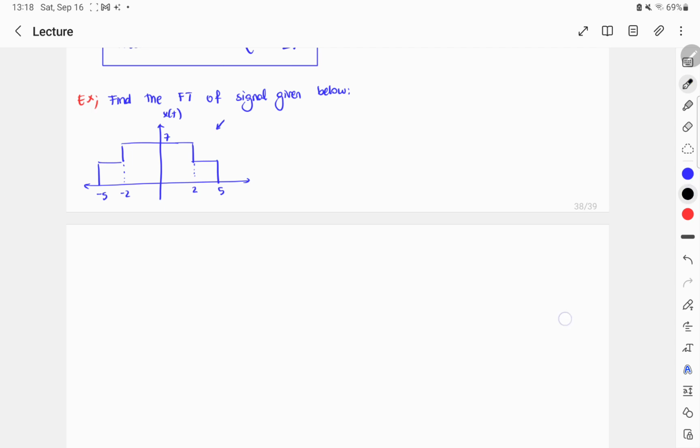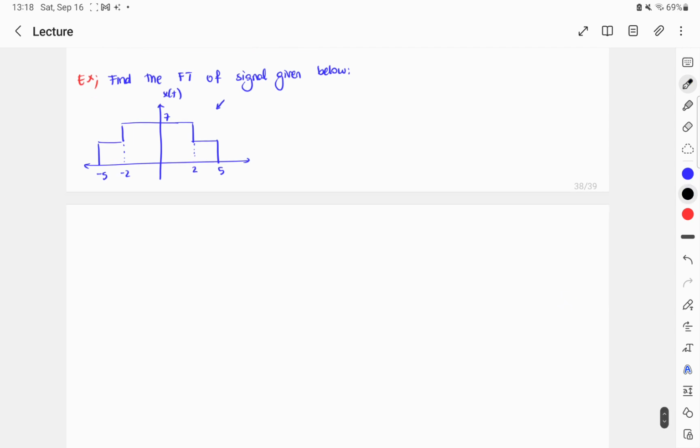And what do we do here? We need to split this graph, because we cannot simply, as we did in the previous example, draw the impulses and so on.